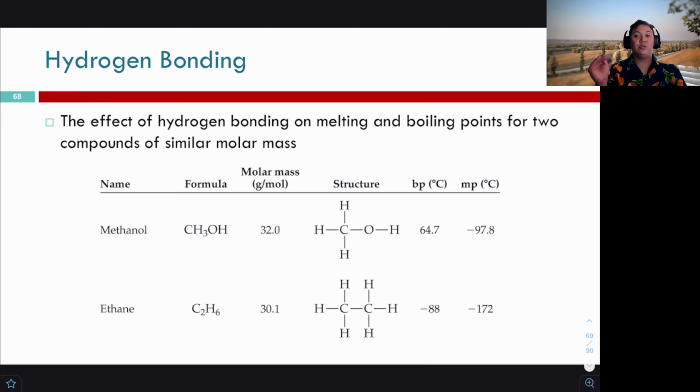And that's purely due to this hydrogen bonding effect, and as well as some other dipole-dipole forces. So methanol has dipole, it has hydrogen bonding, it also has dispersion forces, whereas ethane just has dispersion forces.